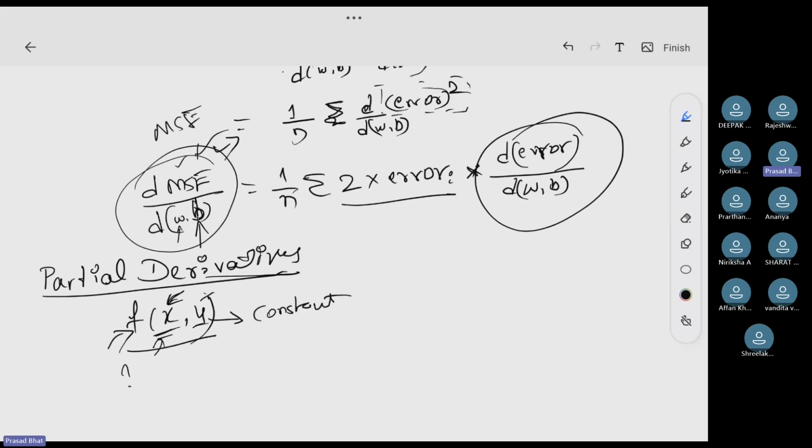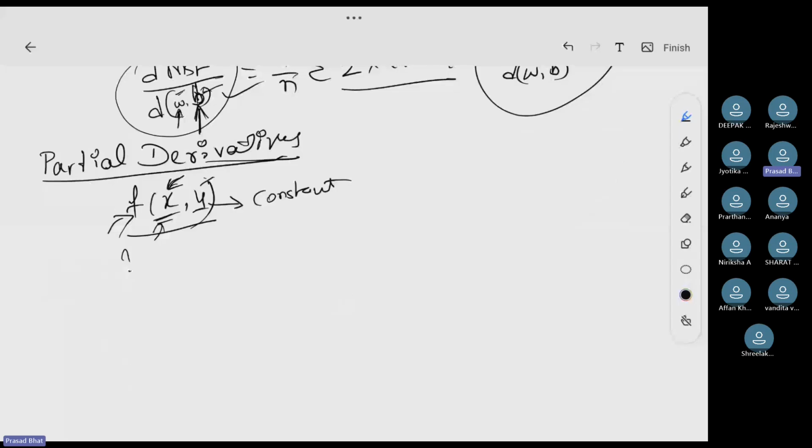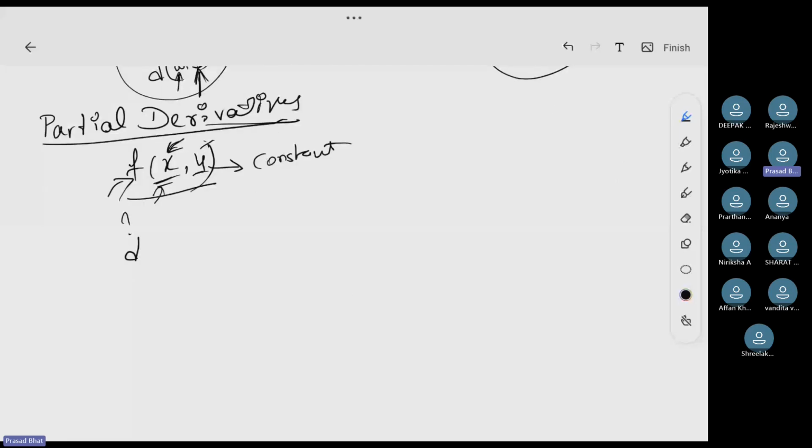We need to find out the effect of w on MSE, and also the effect of b on MSE. How to do that? First, we calculate the effect of w on MSE by keeping the b value as a constant. In the same way, we calculate the effect of b on MSE by treating w as constant. And to calculate that, I will write the formula. dw is what I mentioned yesterday; this was the name given.